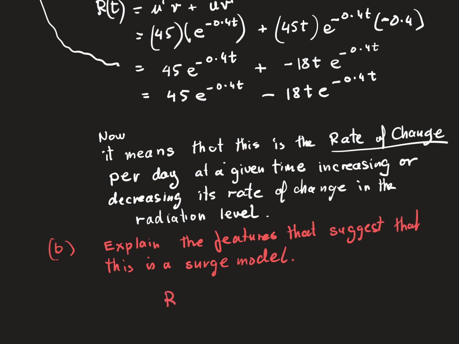Have a look at this one. If we've got R(t) and the model that we have is 45 t e to the minus 0.4 t, and our model, okay, is a t e to the minus b t.